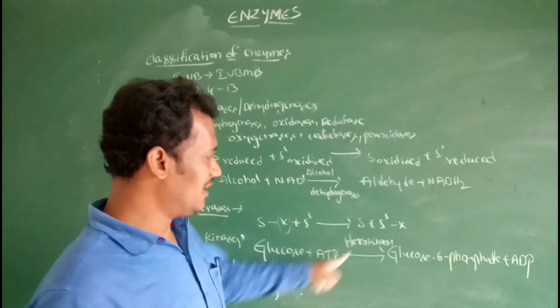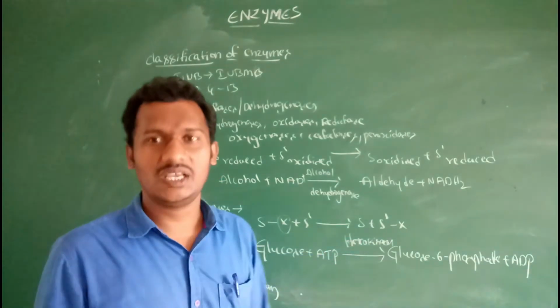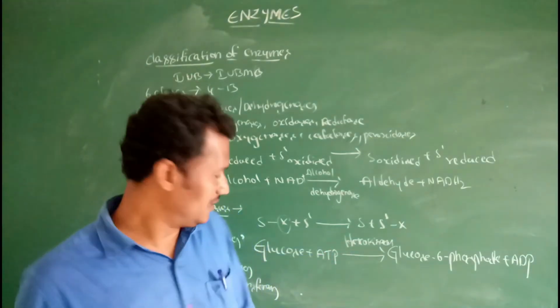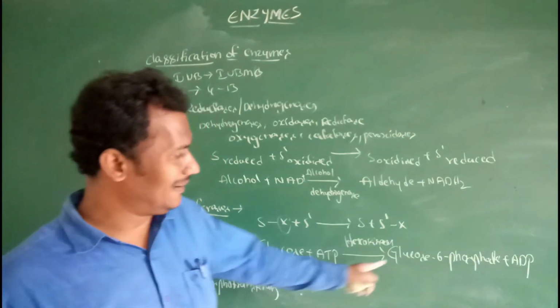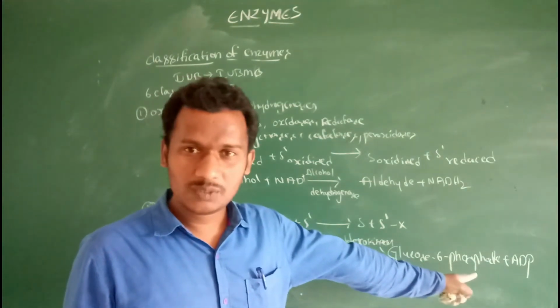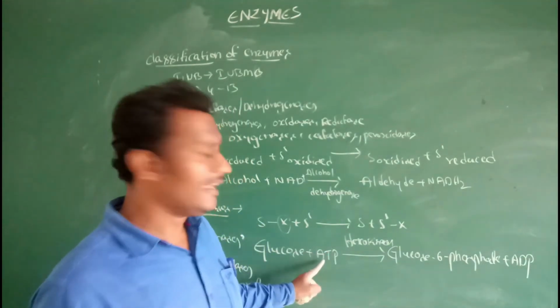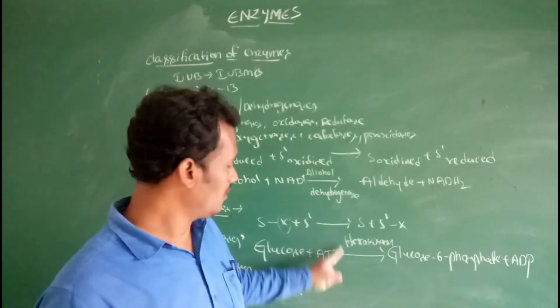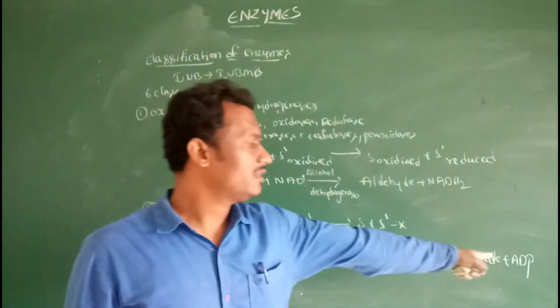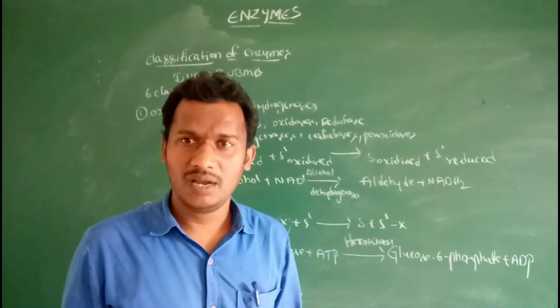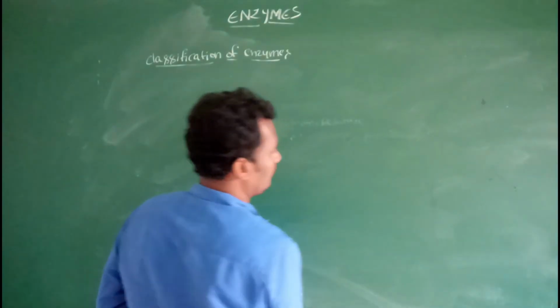Glucose is phosphorylated to glucose 6-phosphate, and ATP is converted into an ADP molecule.